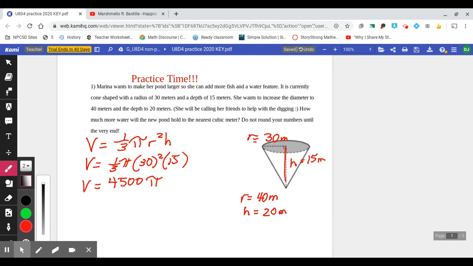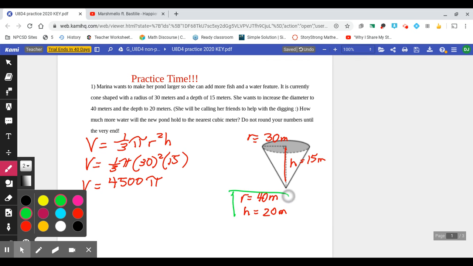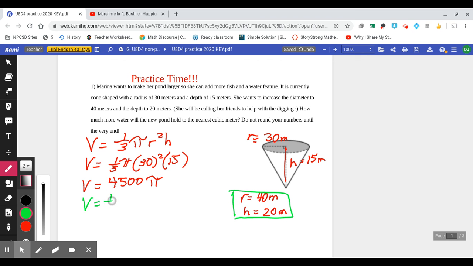Okay, now we have the dimensions of our new pond. I'm going to use the same formula, 1/3 pi. My R now is 40 squared, and my height is 20.